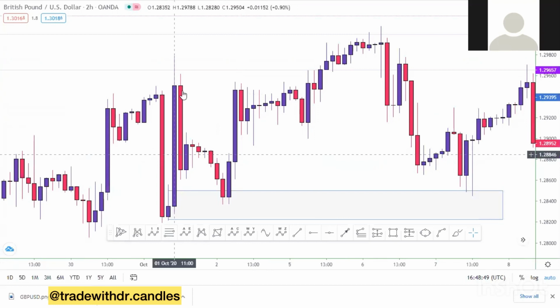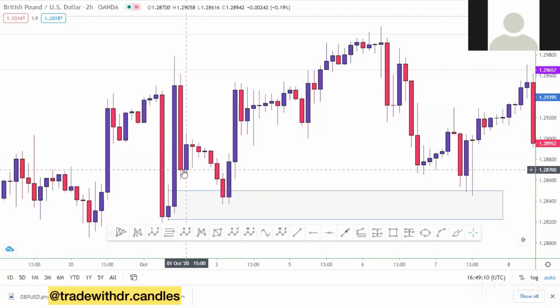This red candlestick is a bearish move, right? But as you can see, it created this wick on top. Because the wick is on top, we don't consider it because what? It is a bearish move. So a bearish move has to create a wick below. So the wick that we are supposed to trade here is the one below, not the one on top. So take note of this.